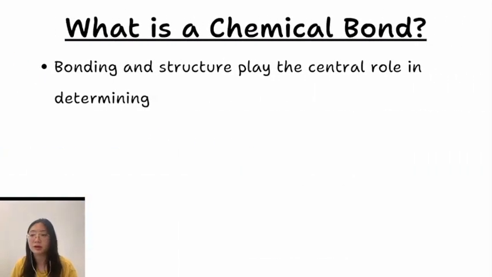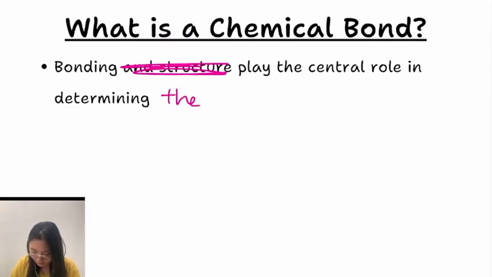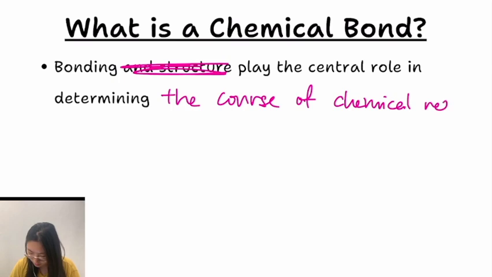Chemical bonds also play a very important role in determining the course of all chemical reactions. A chemical reaction is basically the breaking up of old bonds and formation of new bonds. So it's everything about the chemical bonds.